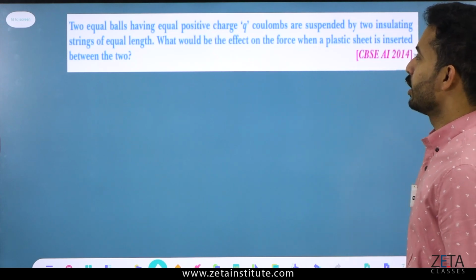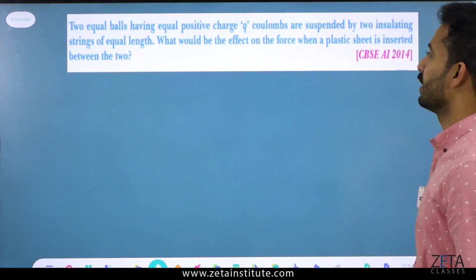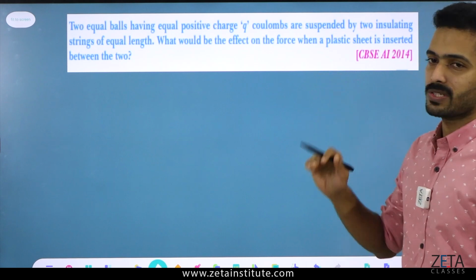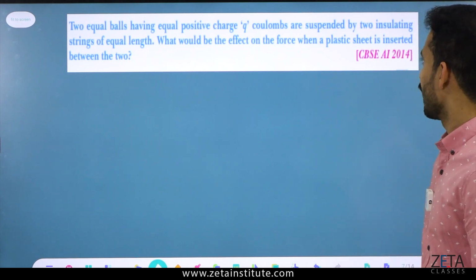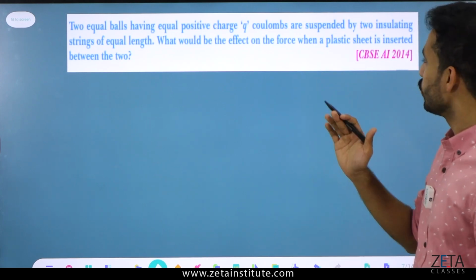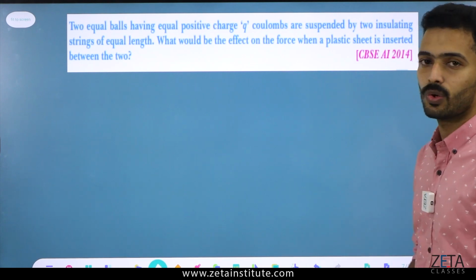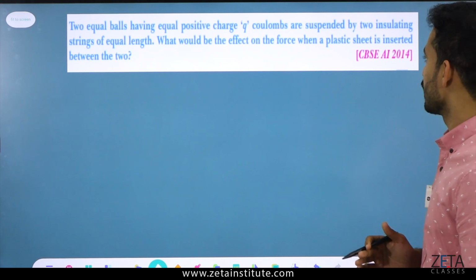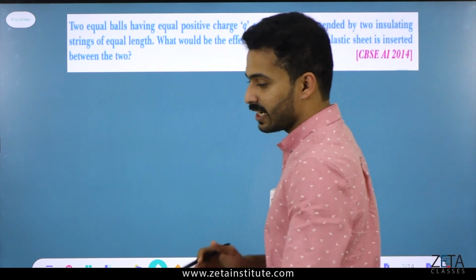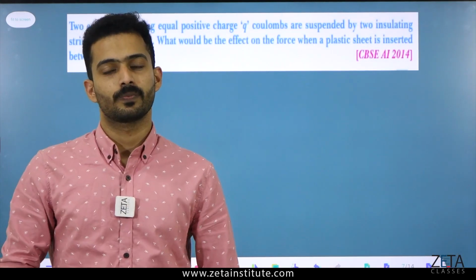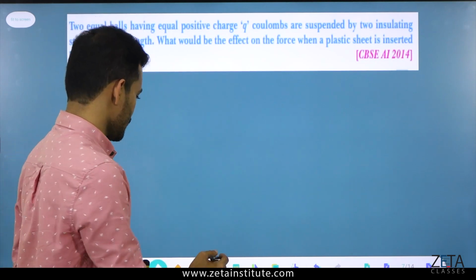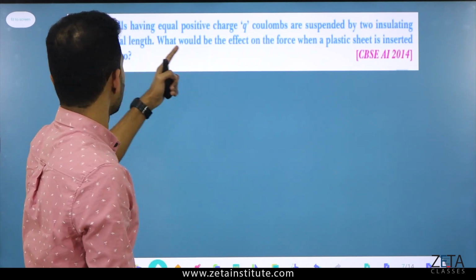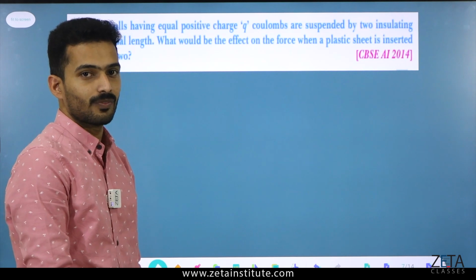Another question: two equal balls having equal positive charge Q coulombs are suspended by two insulating strings of equal length. What would be the effect on the force when a plastic sheet is inserted between these two? So there are two charges suspended by two insulating strings of equal length. Then what happens?